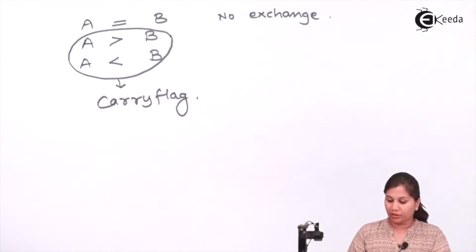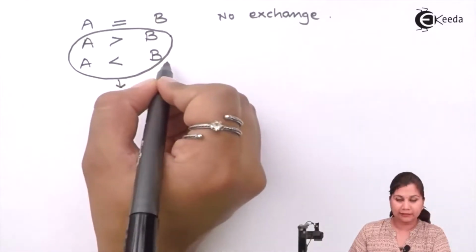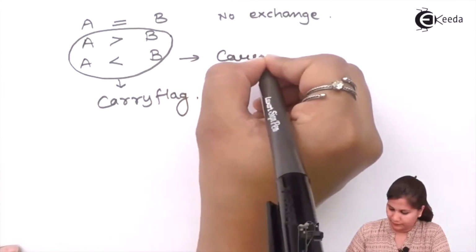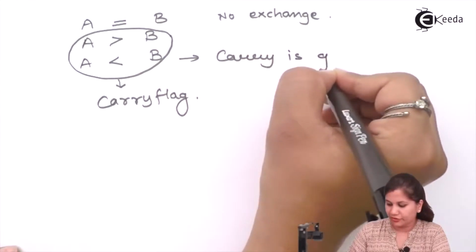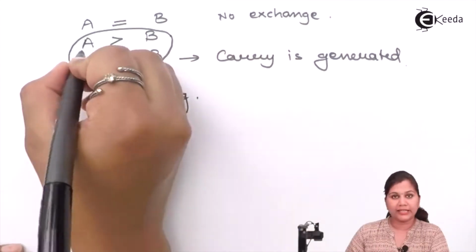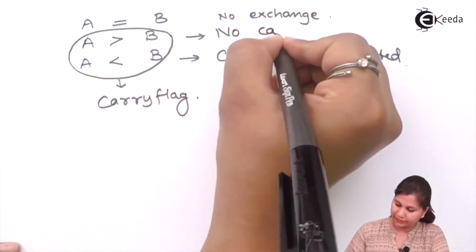In the case of the carry flag, there are two conditions: when A is less than B, carry is generated, and when A is greater than B, no carry is generated.